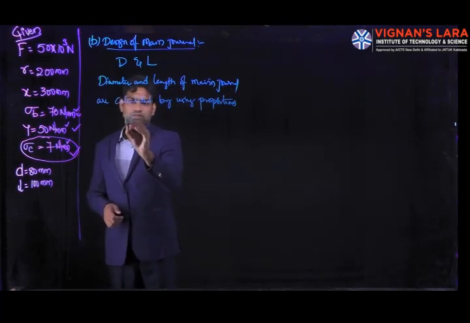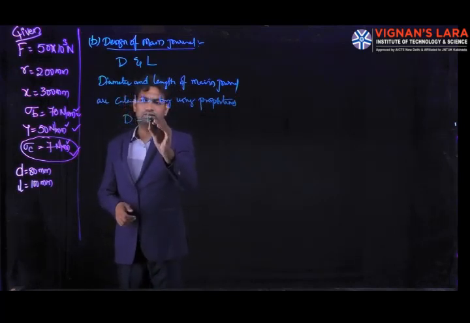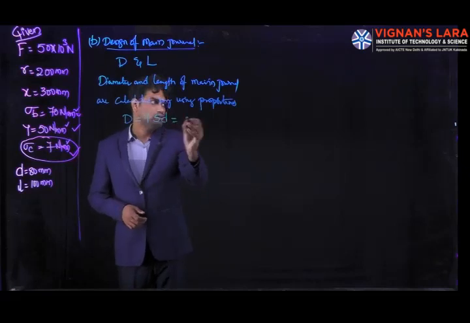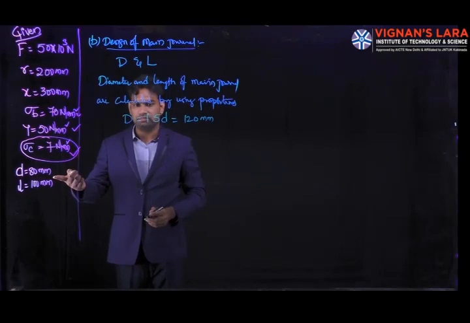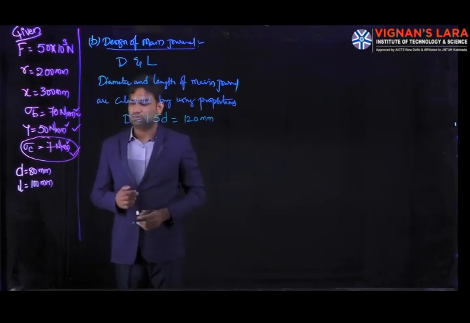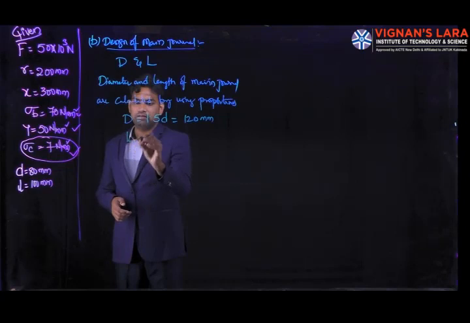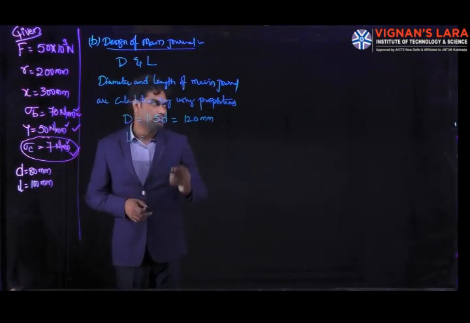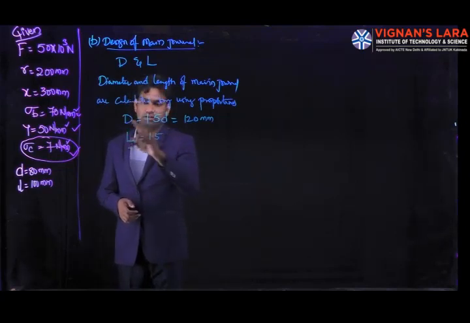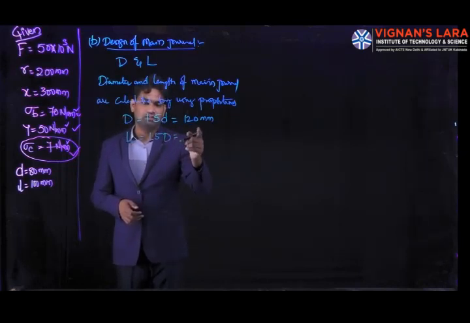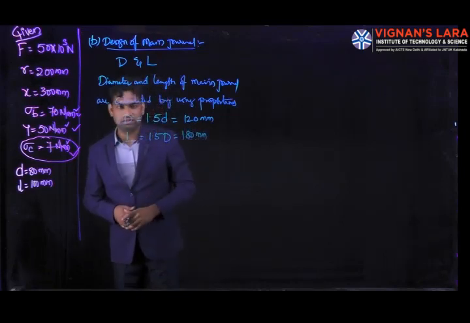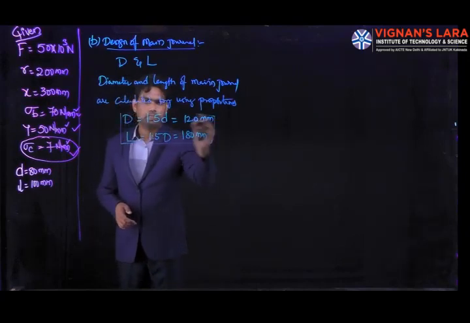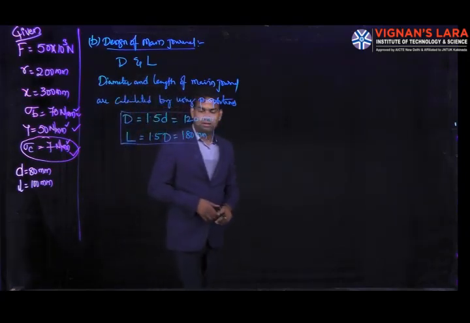Here the diameter of the journal I can take as 1.5 times d, so the value is going to be 120 mm. The diameter is 80 mm, into 1.5, makes 120 mm. And the length of the main journal, capital L, also depends upon the diameter of the main journal, so 1.5D, which is 120 again, plus 60, so around 180 mm. So these are the dimensions for the main journal, diameter and length.